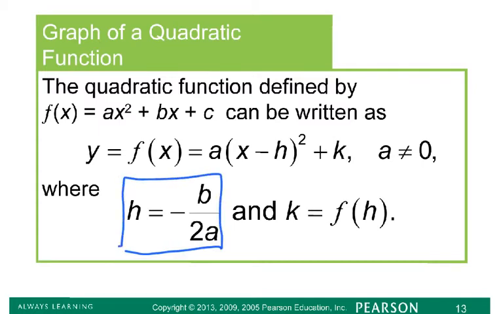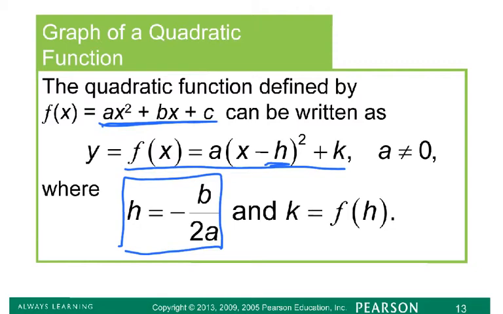So if you don't have your function in this form right here, and it's in this one, what you can do to find what h is is use this formula. Say negative b over 2a, that will find your value of h. And then to find the value of k, take the value of h that you just found and plug it back into your function and solve.